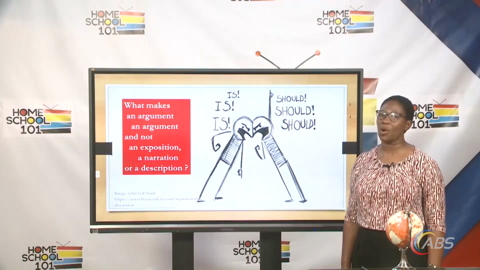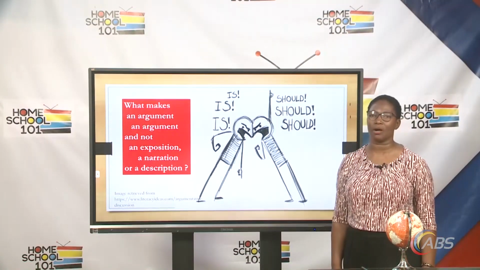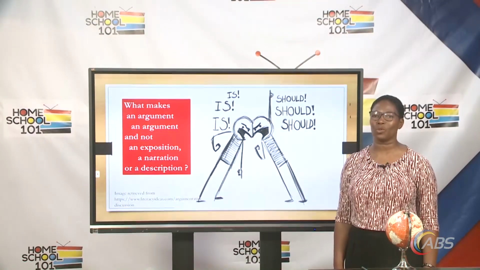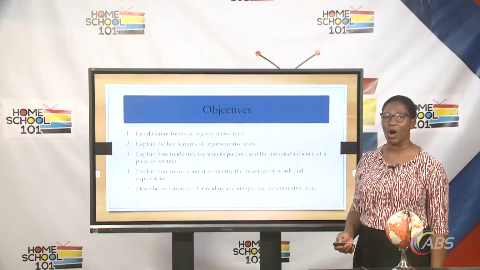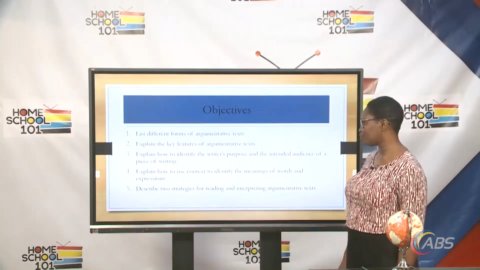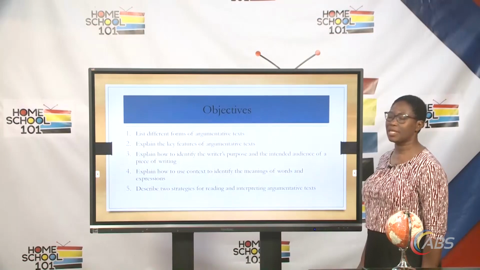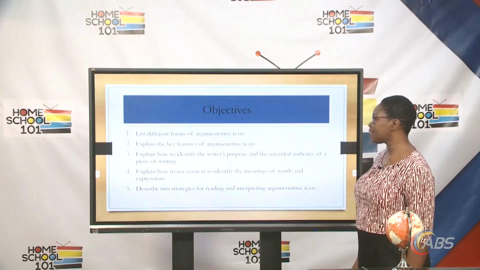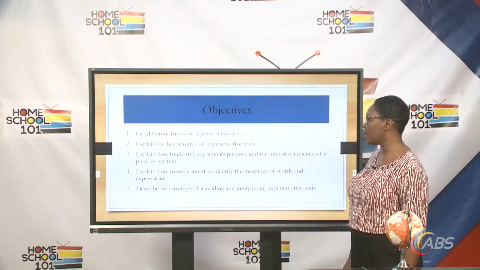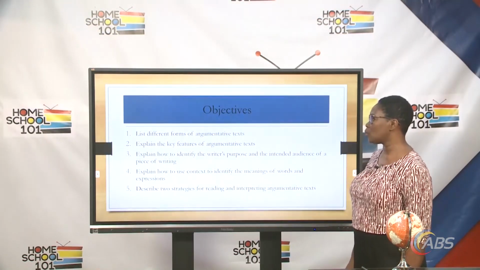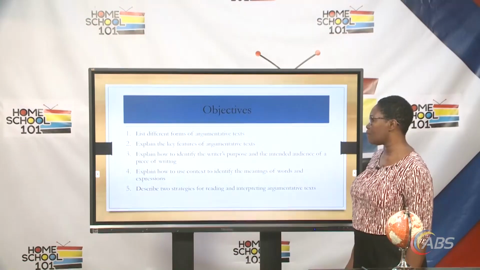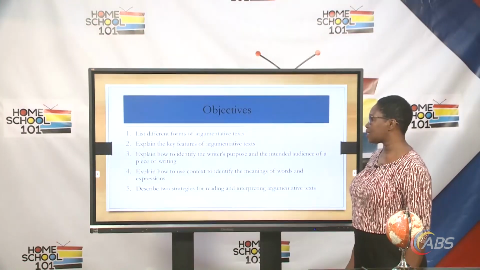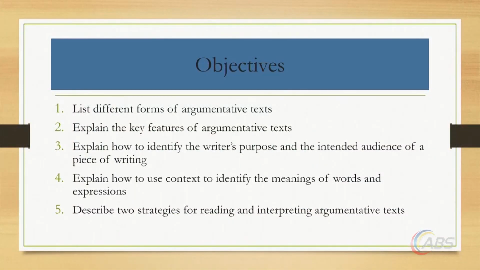Okay, so now that you have your answer firmly in your minds, let us look at what we want to accomplish today, our objectives. I have 5 objectives on the board for you. The first thing we're going to do is list different forms of argumentative text. Then we're going to explain the key features of argumentative text, explain how to identify the writer's purpose and the intended audience of a piece of writing.